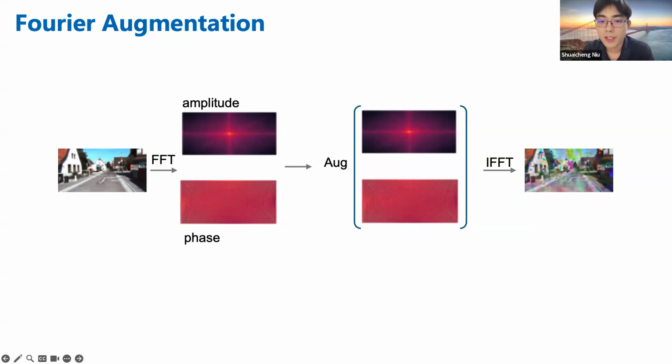Then one can conduct augmentation operations on the amplitude component and phase component, like phase shifting, amplitude exchanging, and masking. After that, we perform an inverse fast Fourier transformation to get the augmented image.